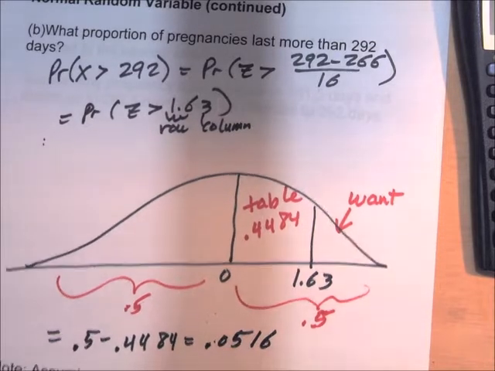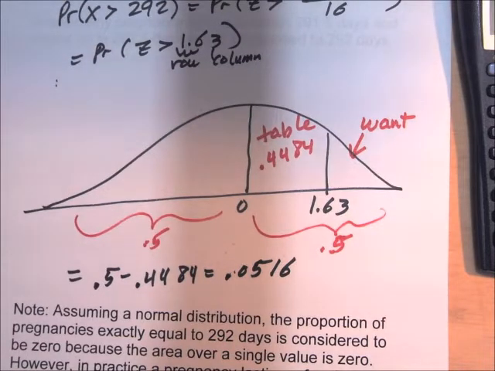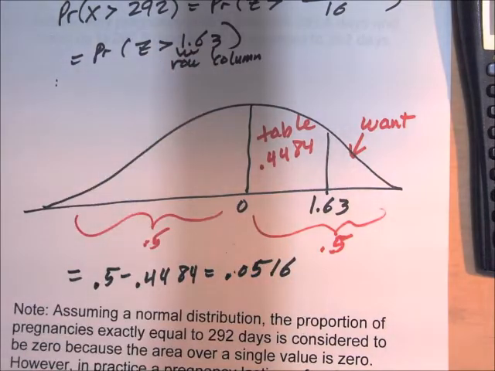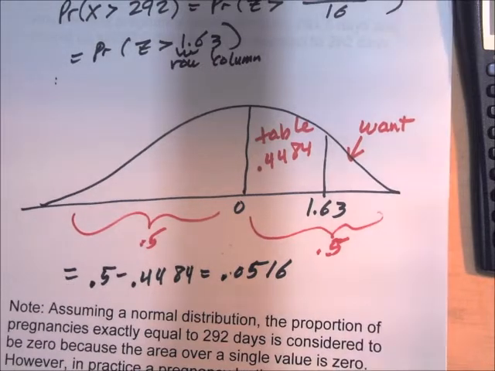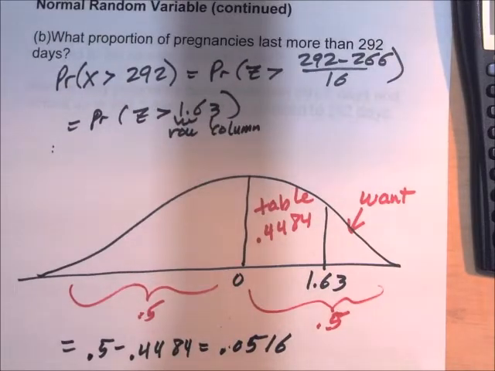Okay. So there's about a 5% chance that the pregnancies would last more than 292 days. So in general, if you see z greater than a positive number, you want to use 0.5 minus the table. But if you understand, the pictures can help rather than trying to memorize each situation.